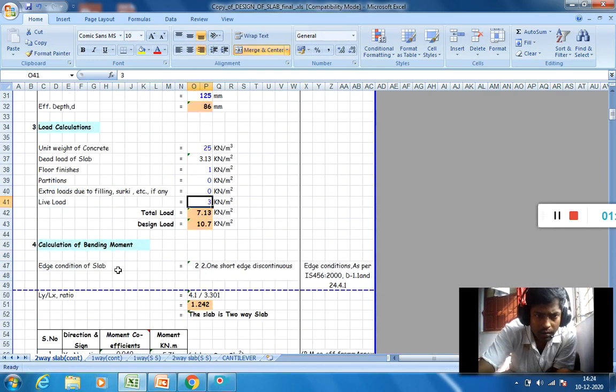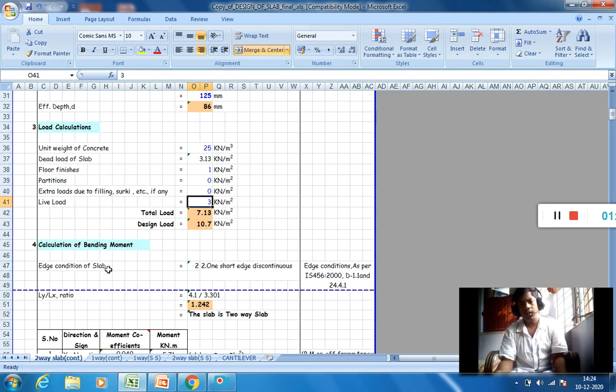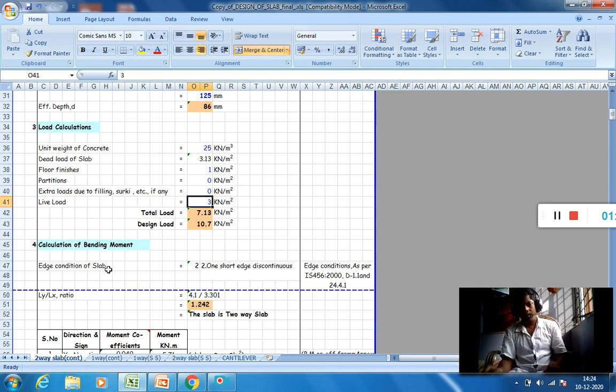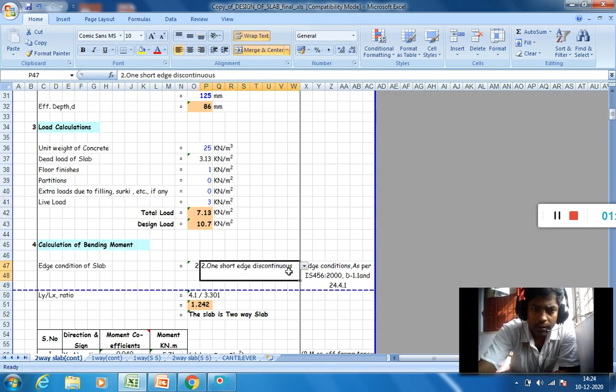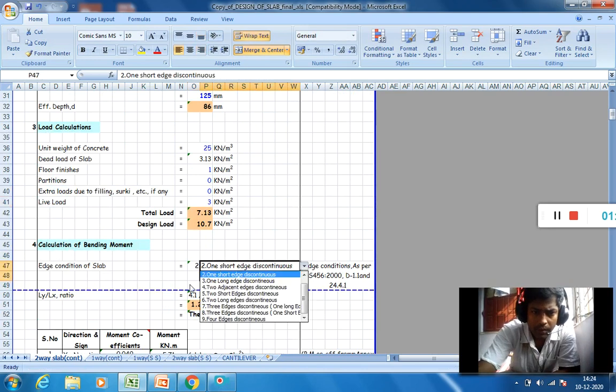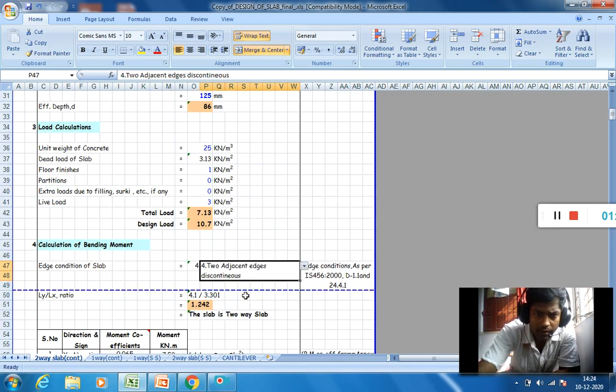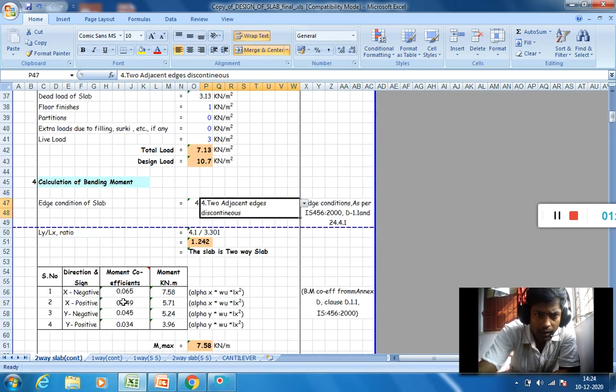So the bending moment is calculated for each condition of the slab. Here we have considered the 9 cases. For case number 4, two adjacent edges discontinuous, the moment coefficients come automatically, linear interpolation is also made, and the moments are calculated.